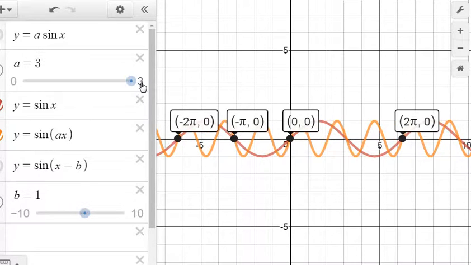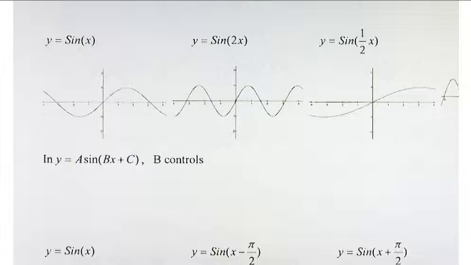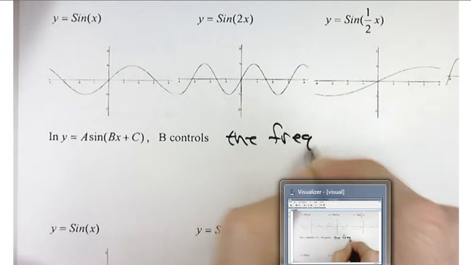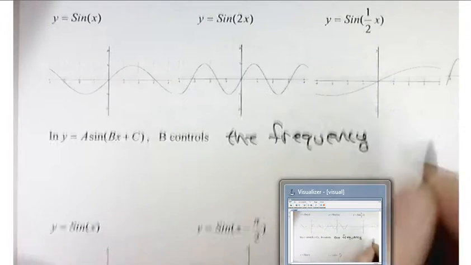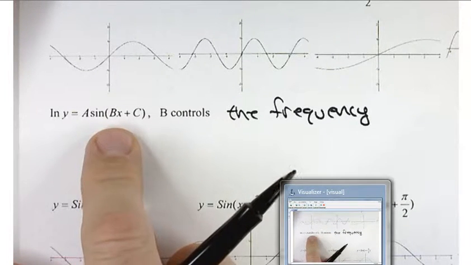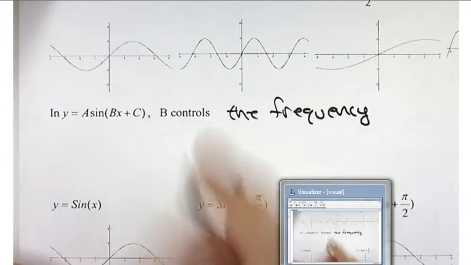And what happens is that b, that number in front there, divides the period. So let's talk about that. B controls the frequency. So the period of a regular sine function is 2 times pi.